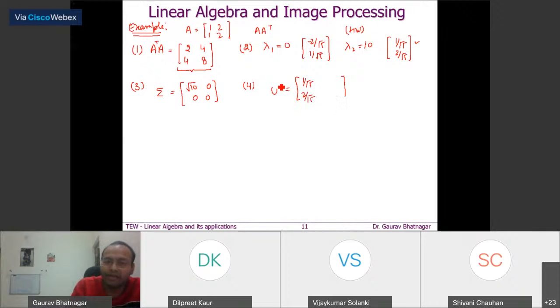In the same way, since the second singular value is going to be 0, the eigenvector with respect to the corresponding eigenvalue comes next. So this is going to be minus 2 by root 5 and 1 by root 5. So this is going to be my U.